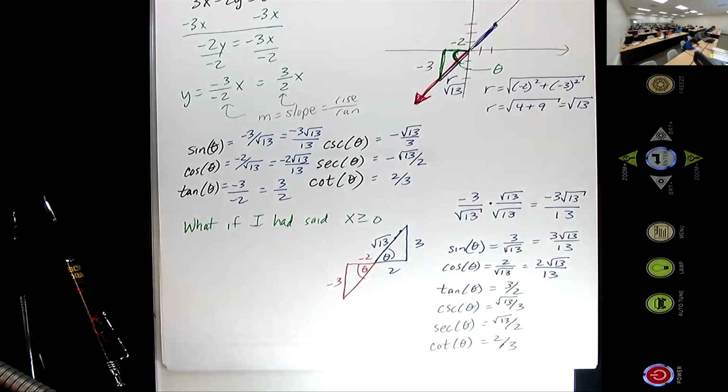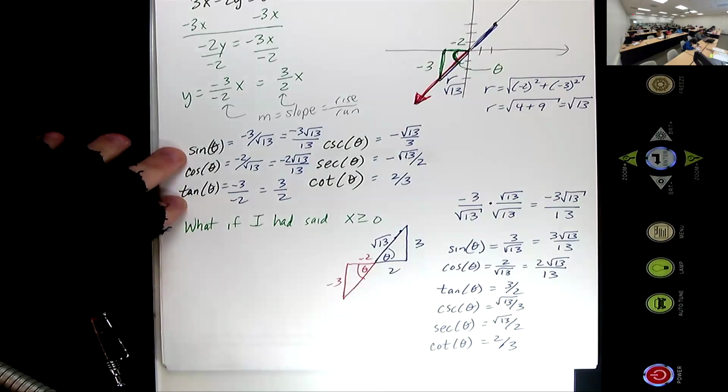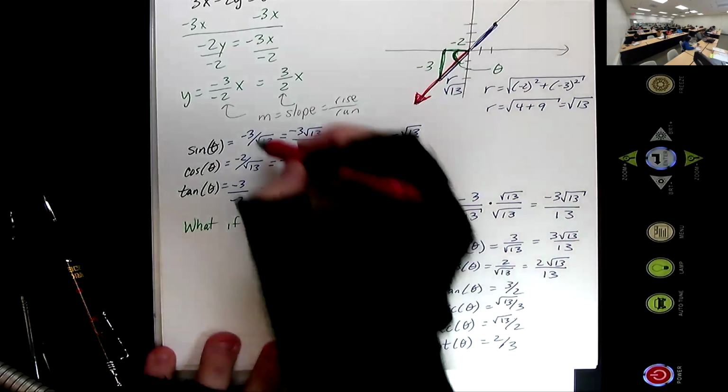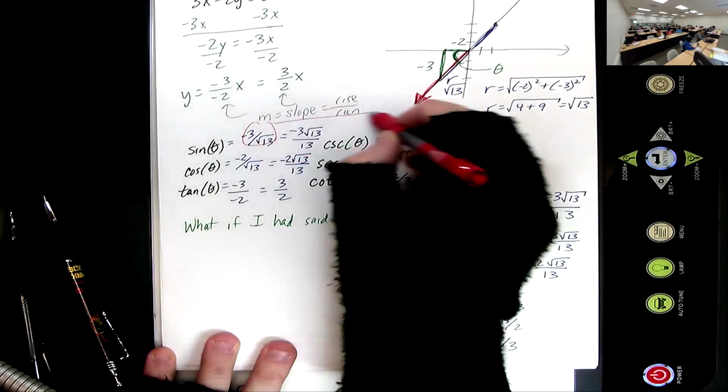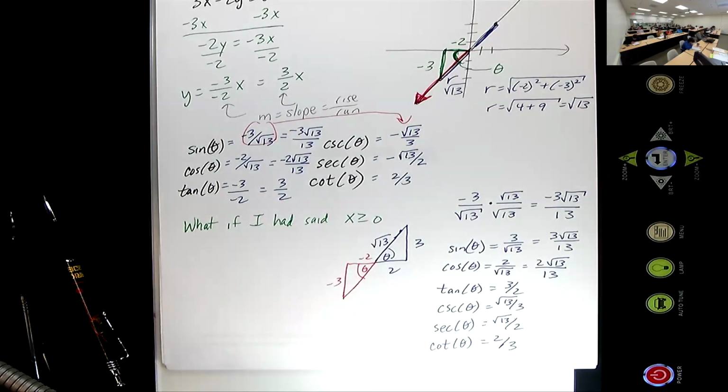Real quick, can you explain how you eliminate the 13 on the bottom? For cosecant, I actually took this part and flipped that one. Yeah, okay.